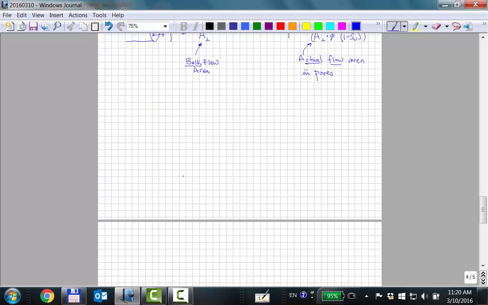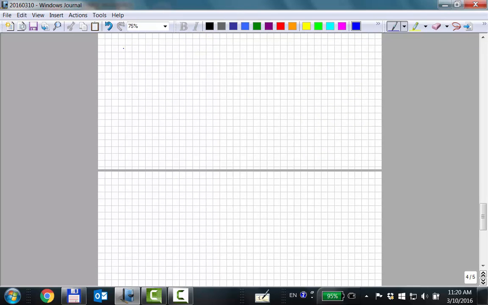Now the next thing that we have to deal with are units, because this is a real mess. Units, when it comes to the rate equation and Darcy's equation and everything. If we use pure SI, of course that's the simplest, and then we're going to have rate in cubic meters per second.